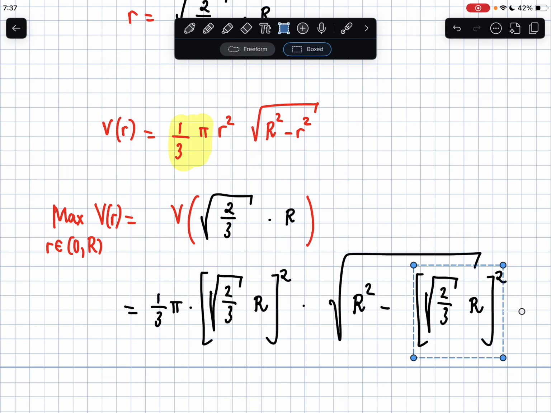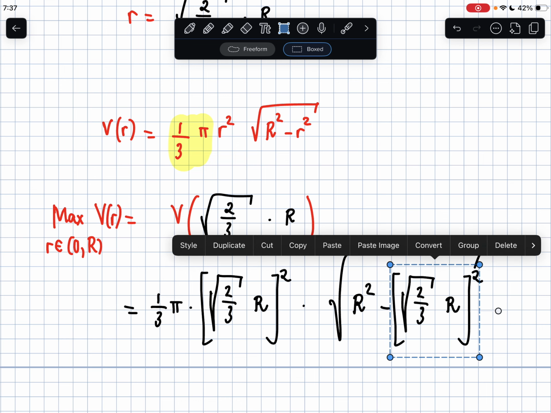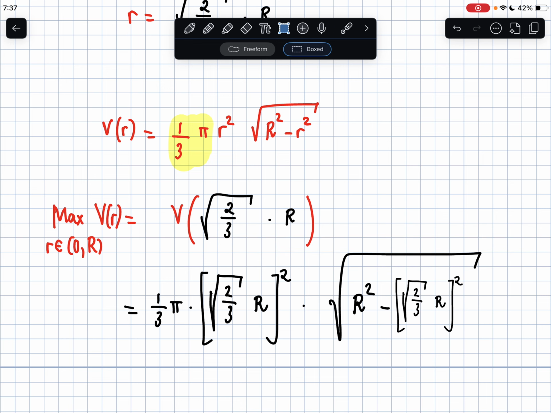So I just plug in small r. Now we compute that.